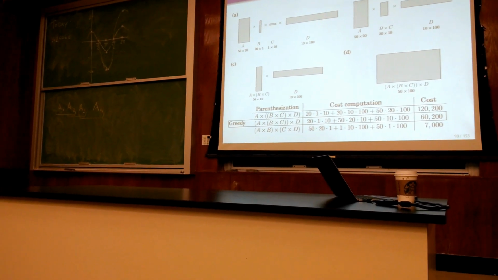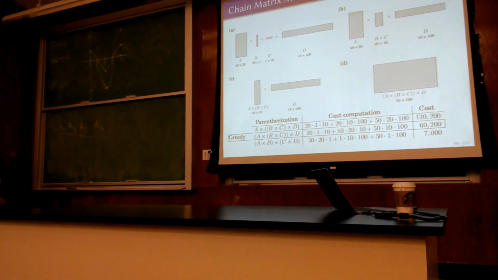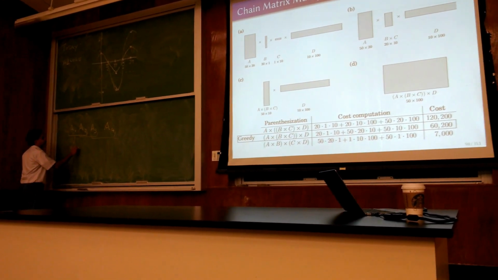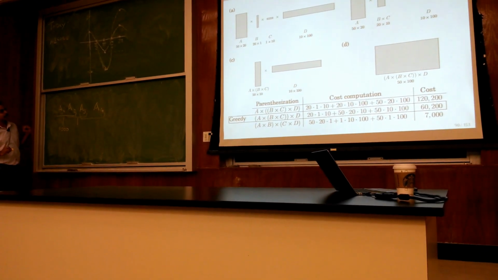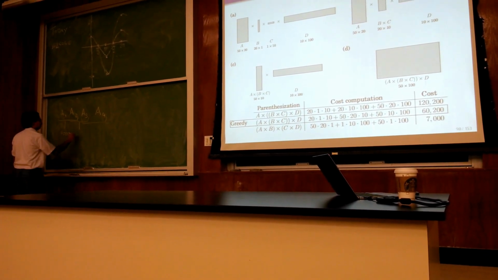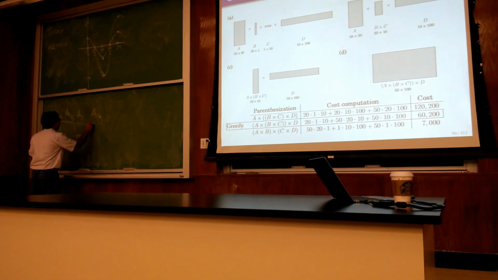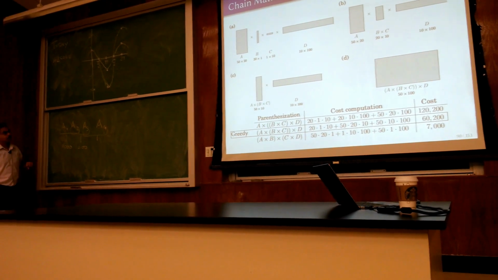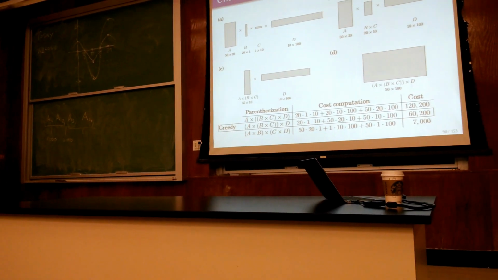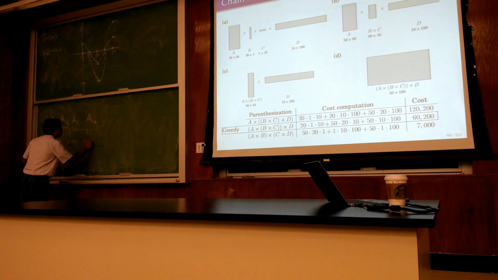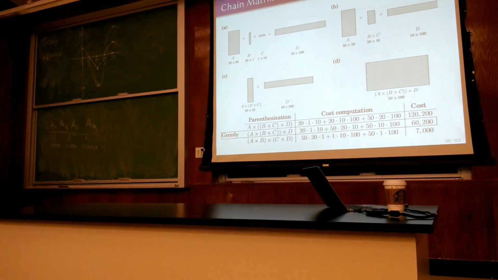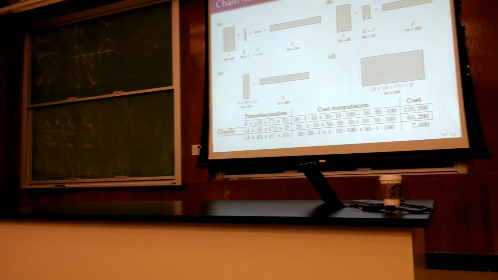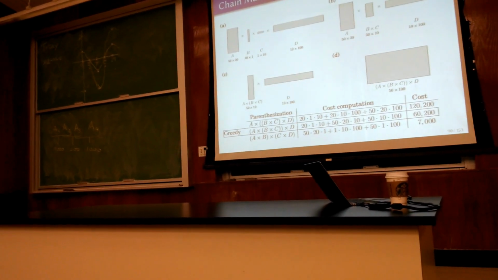A1 times A2 is going to be what? 5,000? No, 1,000. And A2 times A3 is 200. And A3 times A4 is, what is it, 100? 1,000. So the first iteration of the outer loop would have computed these three.